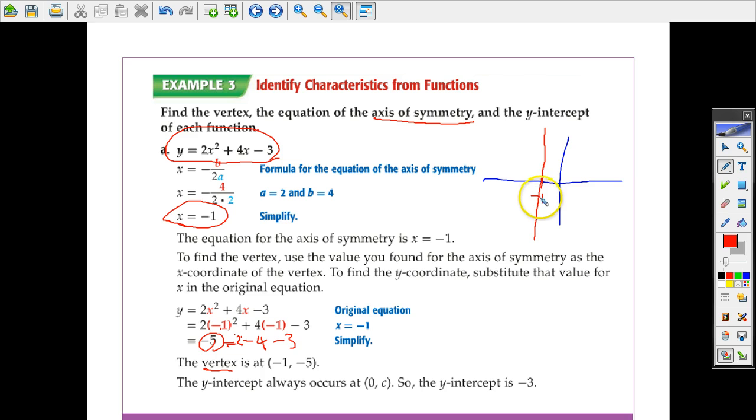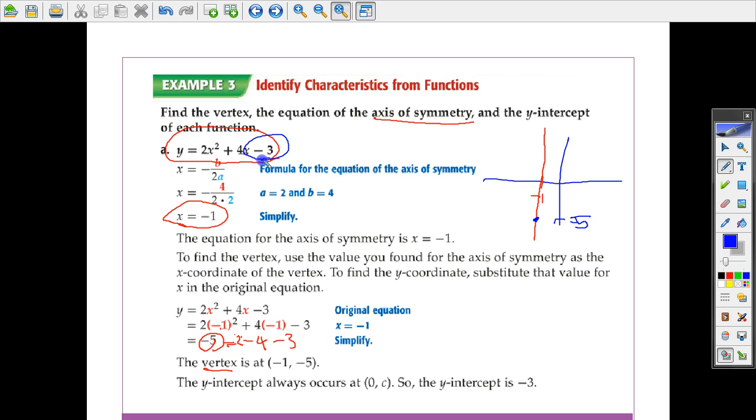So let's find negative 1, and then go to negative 5. So that's negative 5 right there. This is your vertex. That means that's the point that has the minimum. And then the y-intercept is the easy one.